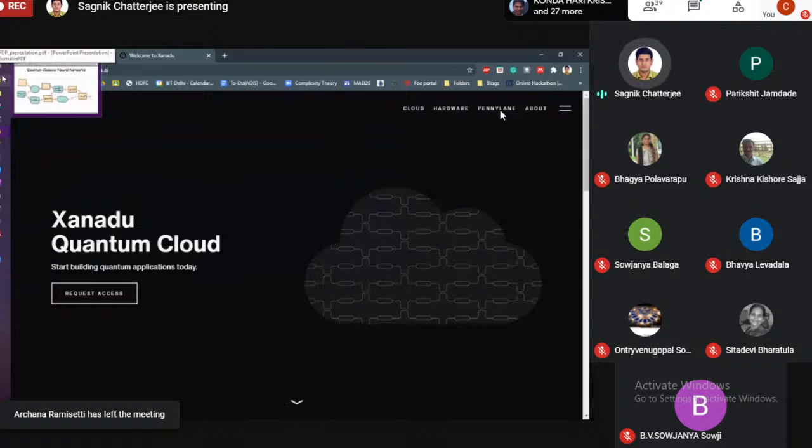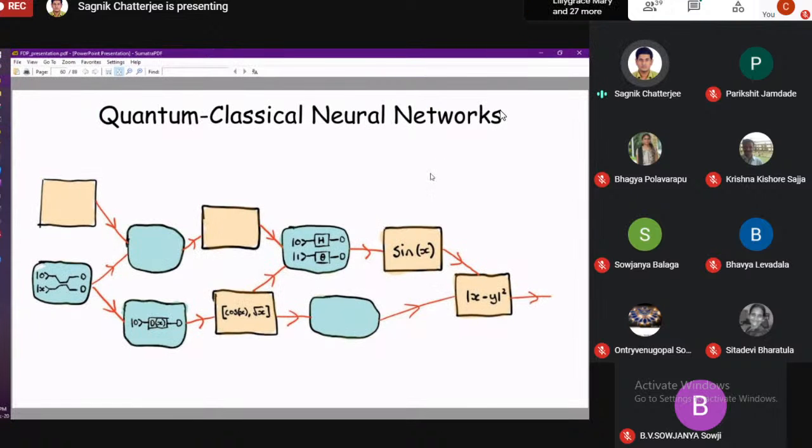The way the PennyLane architecture, or the neural network architecture, is set up is that you have a neural network consisting of quantum and classical nodes. What do we mean by nodes here? Nodes are the perceptrons in the neural network.